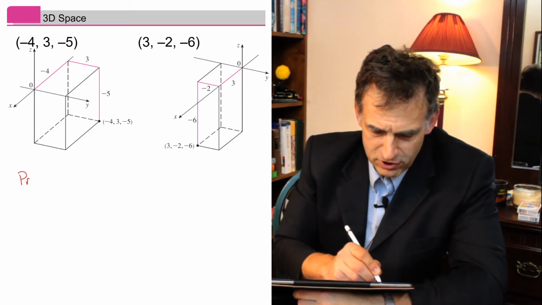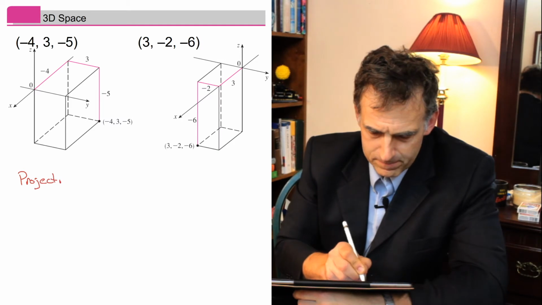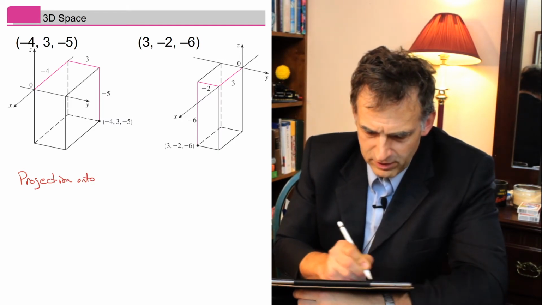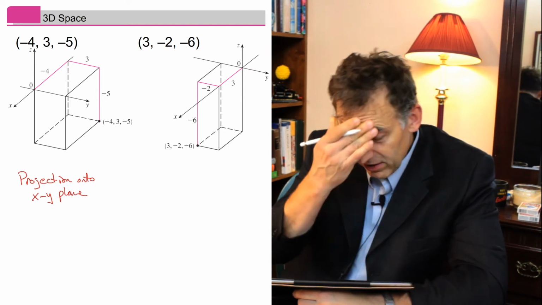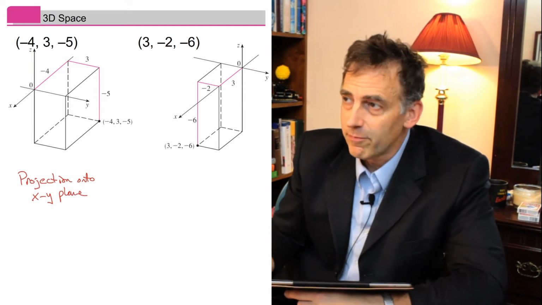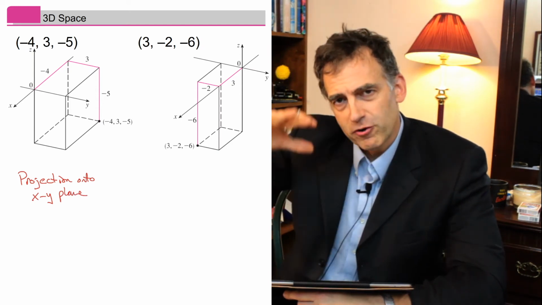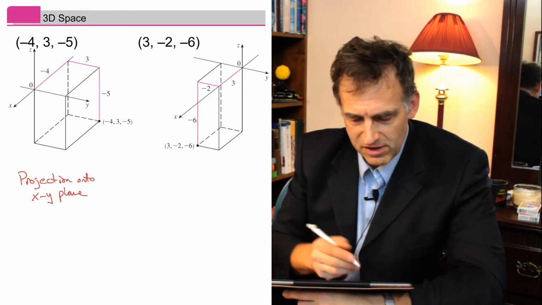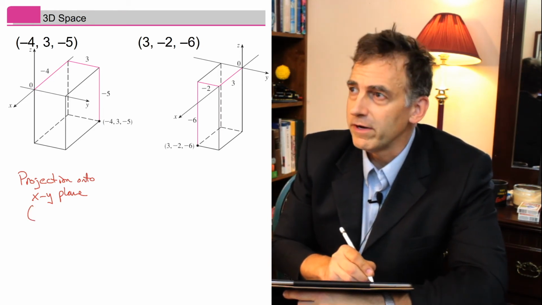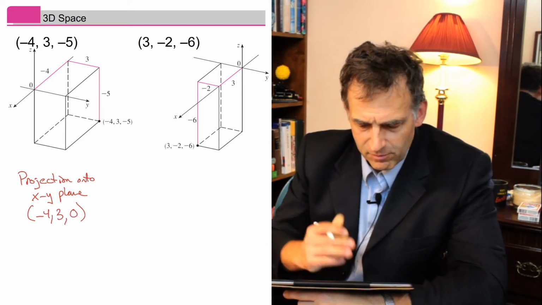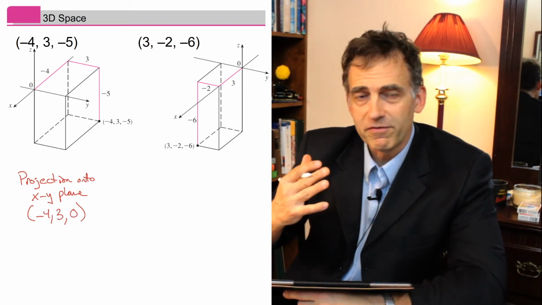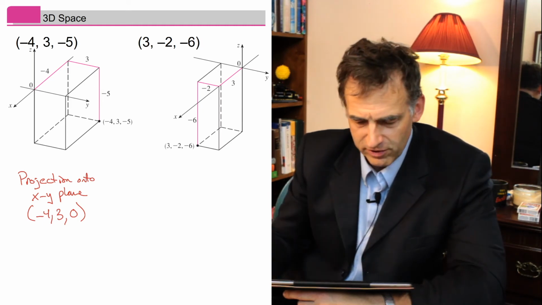So the projection onto the XY plane. Basically, when we ask for the projection onto the XY plane, we're just pushing it down, getting rid of the Z coordinate. And so that would be this point, (-4, 3, 0). So basically, we've taken the -5, and we've gotten rid of it and turned it into a 0.